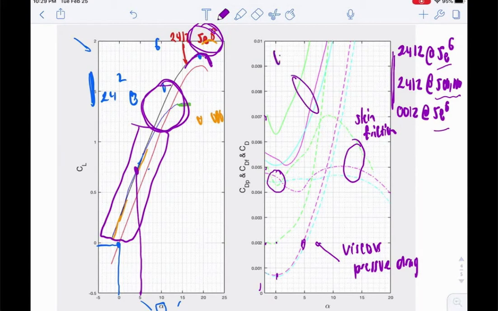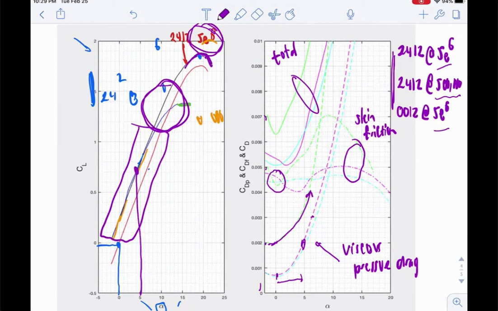Then the question of which color pertains to which of these components. And so let's see. So I have the green line here. If I start increasing the angle of attack from 0, I can see this green line here, which is the viscous pressure drag, jumps up much more rapidly compared to the magenta or the cyan line.